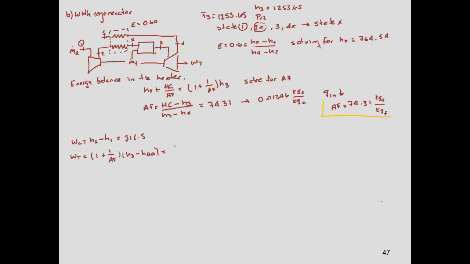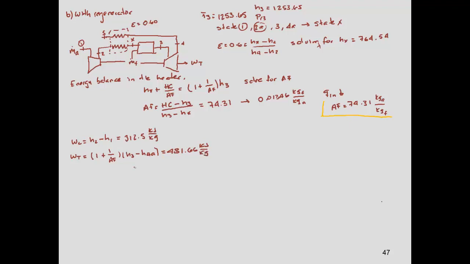Solving for this, this new work of the turbine will be 481.66, again in kilojoules per kilogram.